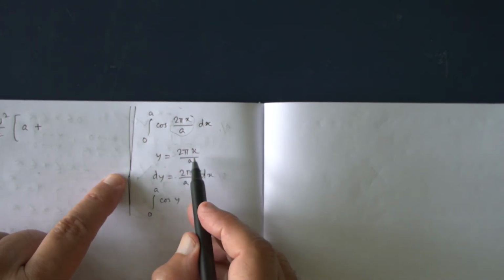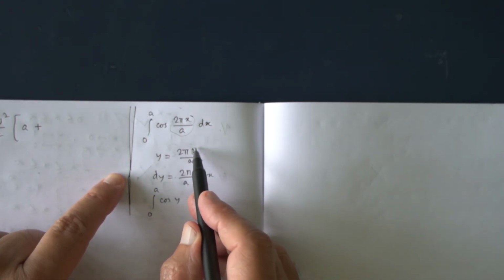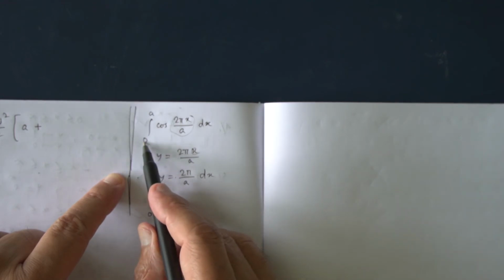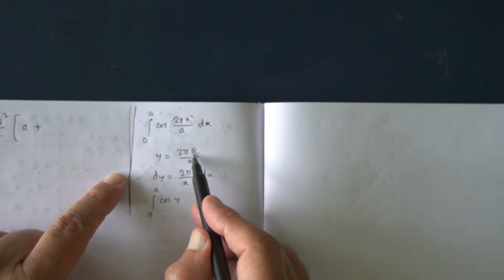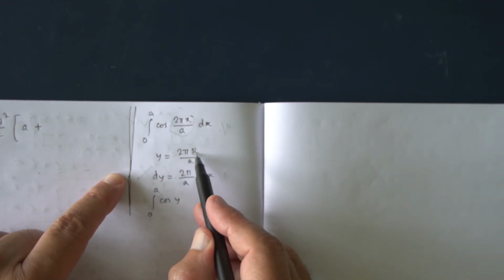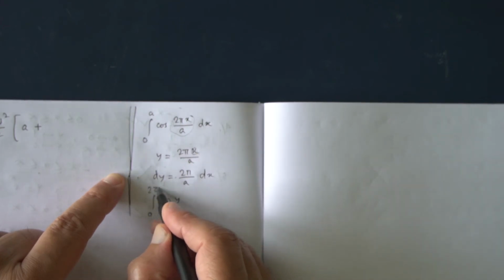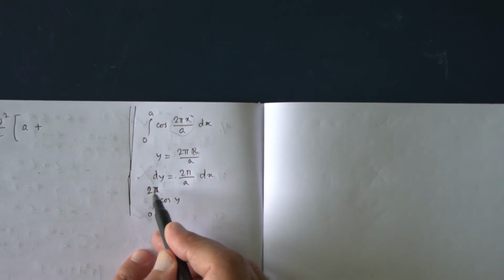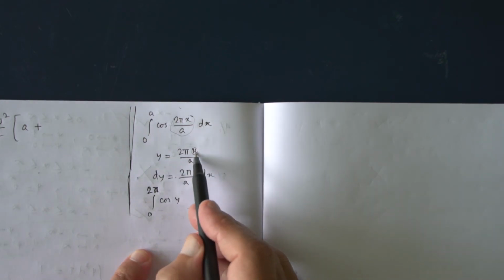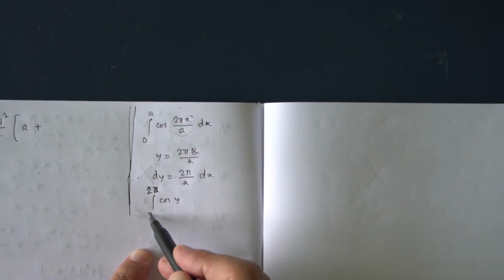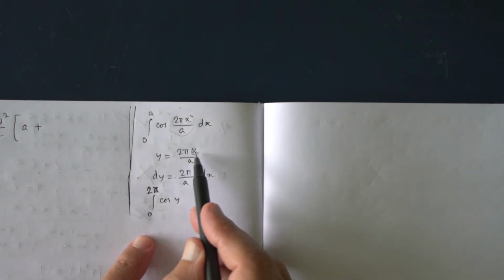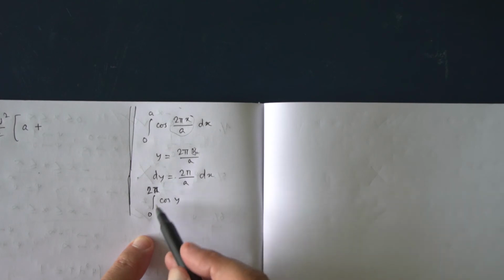Now you see, if x is 0, y is 0. If x is a, y is 2 pi after substitution. So x is 0, y is 0, and x is a, so y equal to 2 pi.